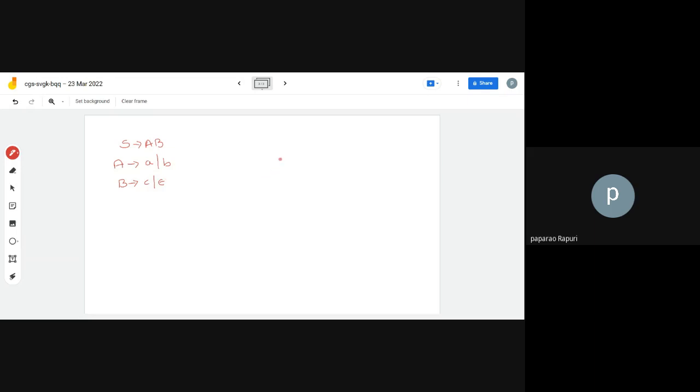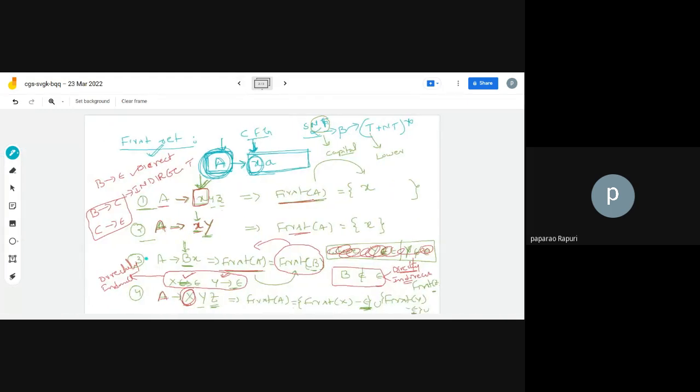Here we need to construct first for S, first for A, and first for B. Coming to the first production, it is in the format of the third rule.